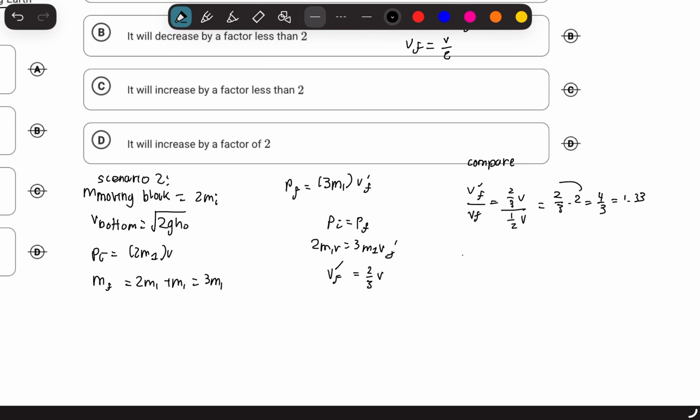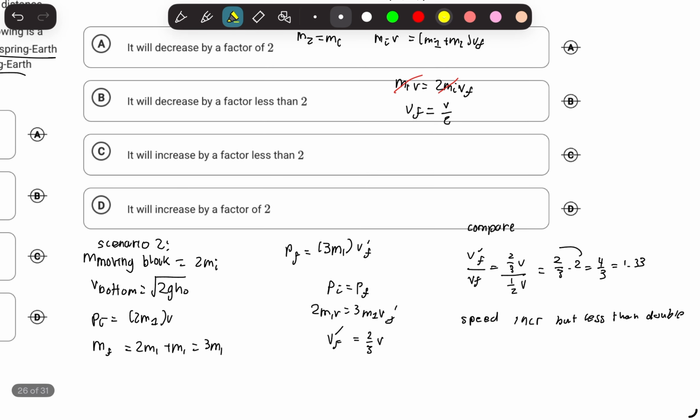What we see is speed is going to increase, but less than double. It's 1.33. So it's going to be by a factor that is less than 2.